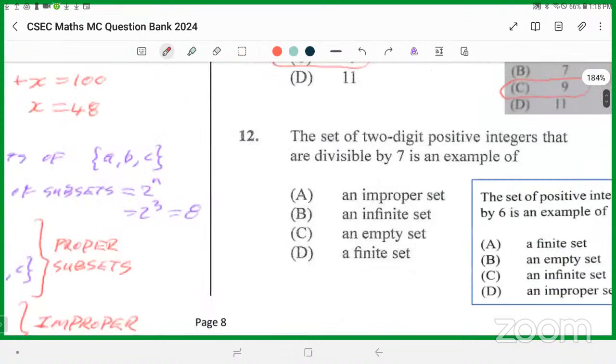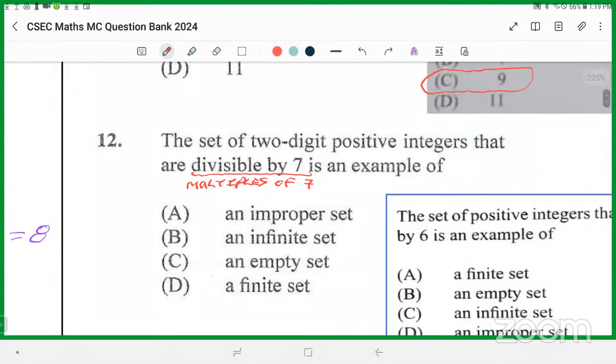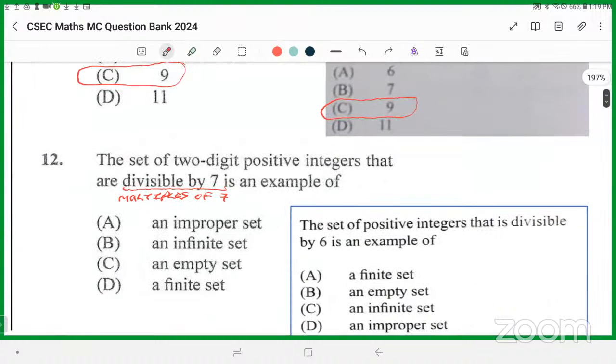So for this question now, the numbers that are divisible by 7 are multiples of 7. So really we're looking for multiples of 7, and you want the 2-digit ones. So this question is referring to the set of 2-digit multiples.